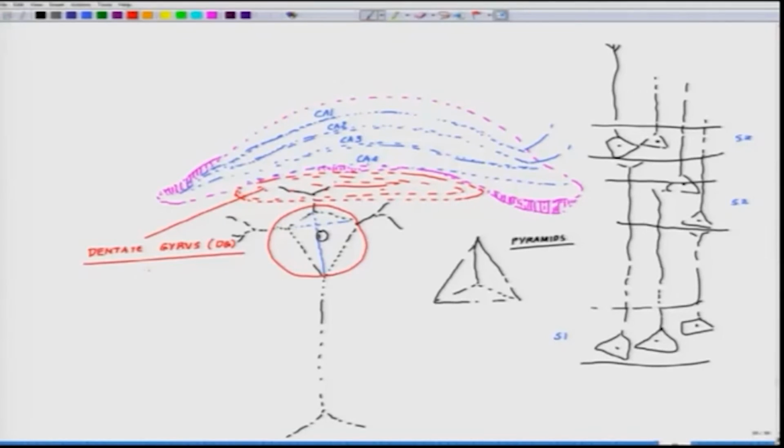brain progenitor neurons, neural progenitor or neural stem cells. But whether these stem cells help in brain repair, or what their roles are, is still not clear to us.